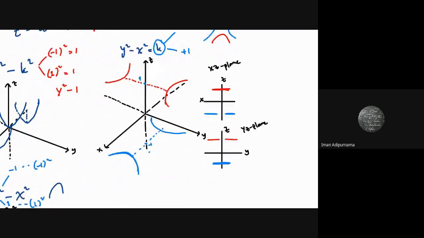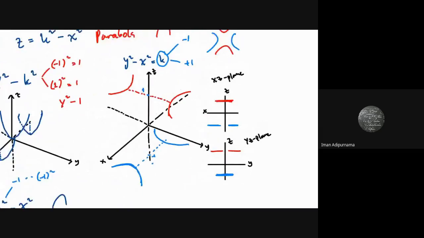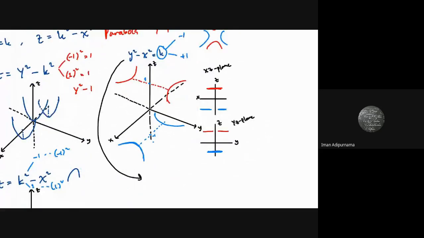So basically, why we have two hyperbolas is because of this negative. Let me write down here. So if you have the first positive, we have that one. And if we have the negative, we have this, and it becomes the opposite.